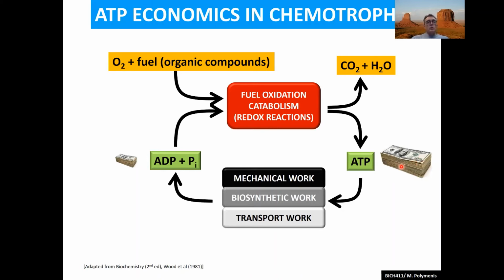It doesn't do you any good to keep it around in huge amounts. And how do you spend it? Mechanical work, biosynthetic work, transport work. Here I mean moving things in and out of the cell. This is again an open thermodynamic system, and things have to come across the cell membrane in both directions, and that usually takes some ATP.